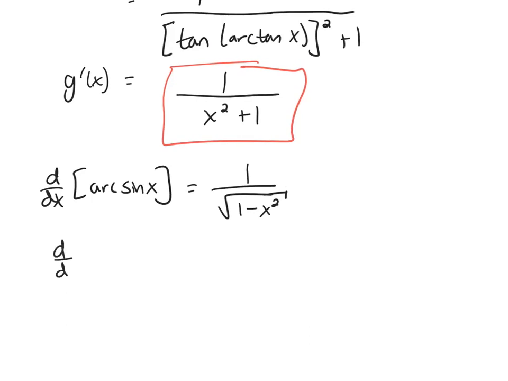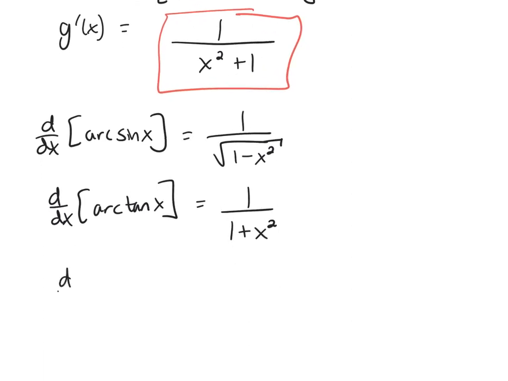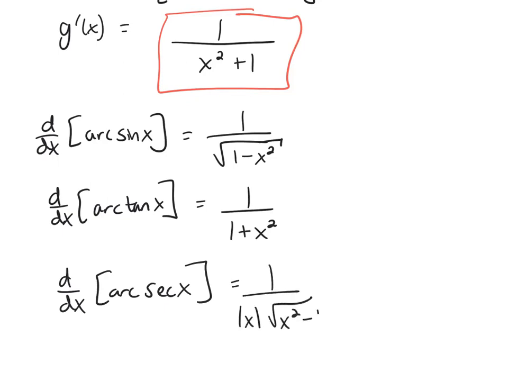The derivative of arctangent, which we just did, was 1 over 1 plus x squared. The derivative of the inverse secant function is 1 over the absolute value of x, the square root of x squared minus 1.